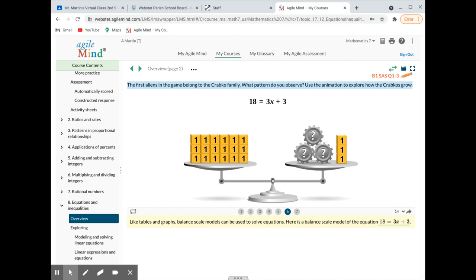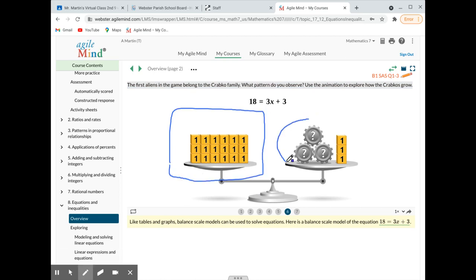All right, so looking at this, it says, like tables and graphs, balance scale models can be used to solve equations. So here's a balance scale model of the equation 18 equals 3x plus 3. So if you notice, this is 18 on the left side, right here.